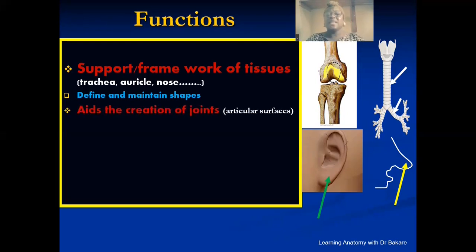They are also seen to aid or contribute to the creation of joints. If you try to use this image up here, this is where we say we have the articular cartilage here, arrowed in red. We say that cartilaginous deposits or alignment at joints are referred to as articular cartilages. And at this point, they contribute to the formation of joints. We know that a joint is created when two or more bones connect together.